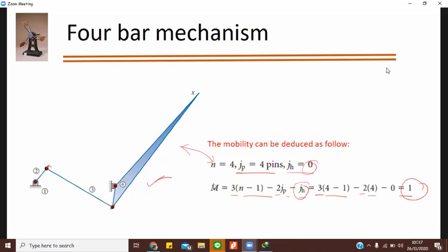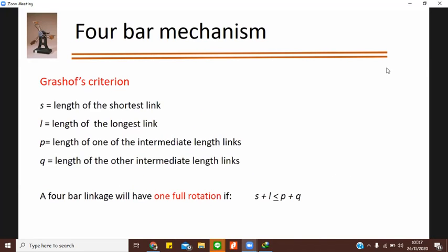Right. So in very simple terms, we have understood all of this, and these 4-bar mechanisms actually work on Grashof's criteria. Okay, so there you will have 4 links.